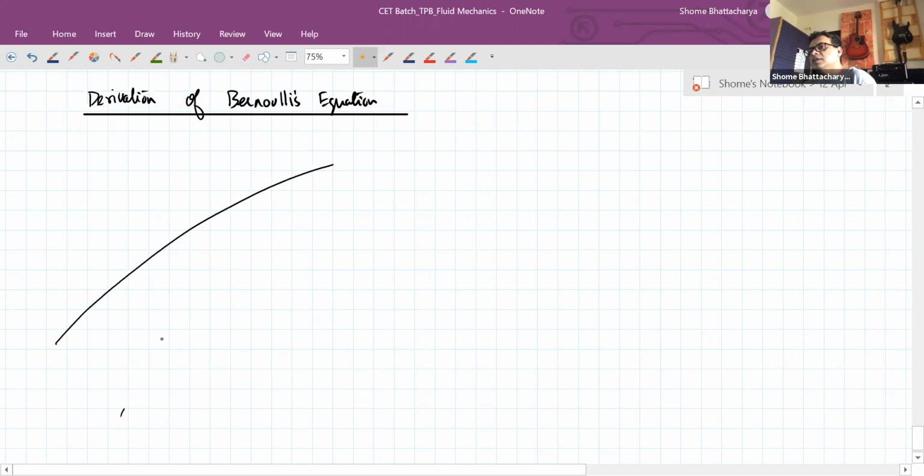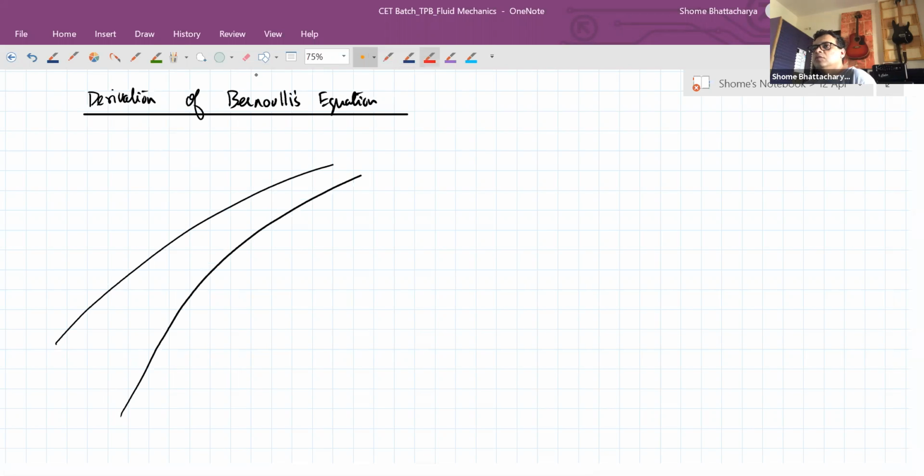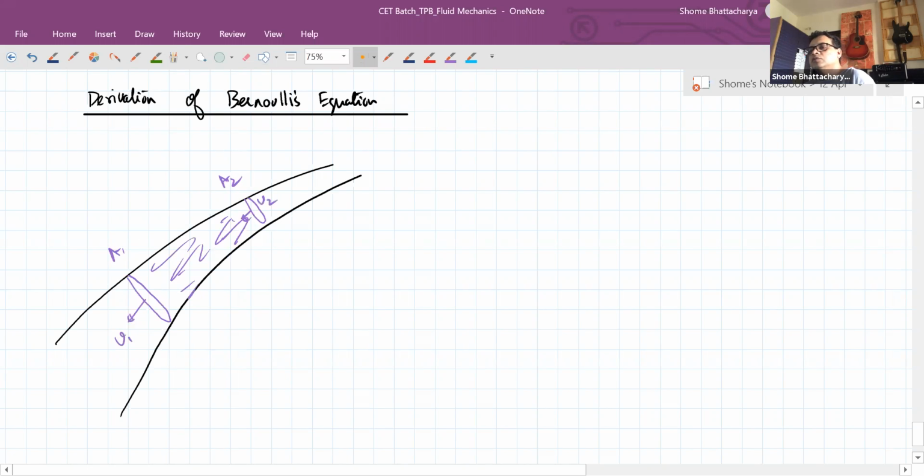So to understand the derivation of Bernoulli's equation, we will first consider a certain section of fluid that is bounded by these two areas A1 and A2, where the velocity of flow here is V1 and the velocity of flow here is V2.